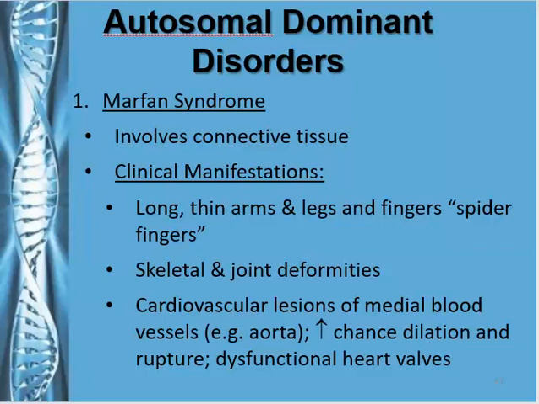They have long, thin arms and legs, skeletal joint deformities, and cardiovascular lesions, especially of blood vessels. The blood vessels aren't as strong, so there's more chance of dilation. They can have dysfunctional heart valves, because again, the connective tissue is malformed.